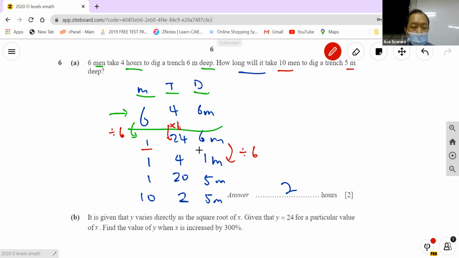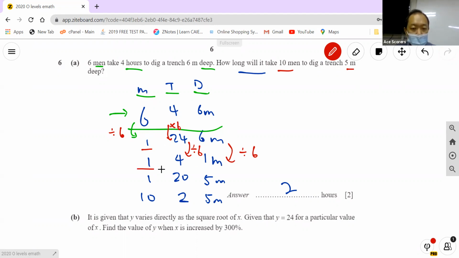Now, what's the relationship between the depth of the trench versus the time? They are directly proportional. What does it mean? That means if the depth is reduced, the number of hours is also reduced. Okay, so these two are directly proportional, these two inversely proportional. So here divide by 6.